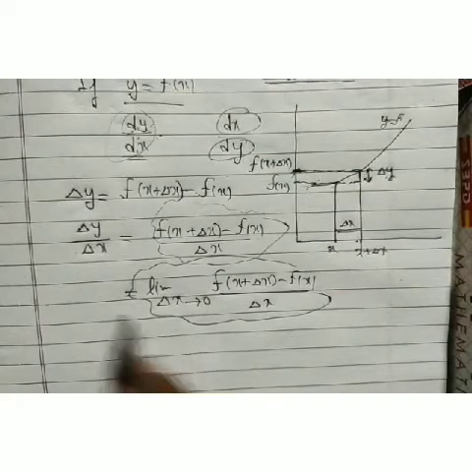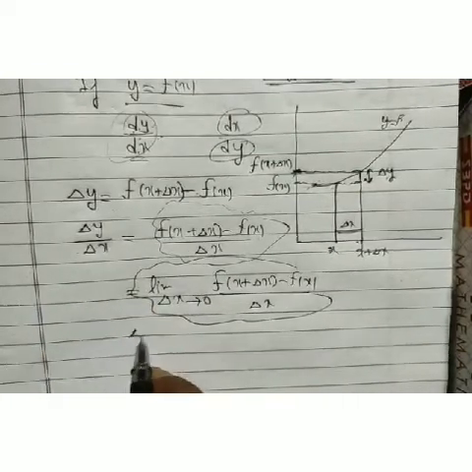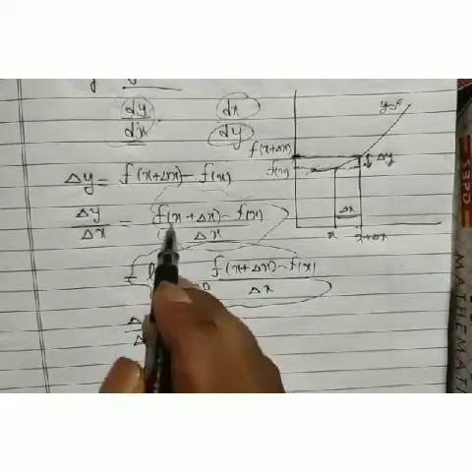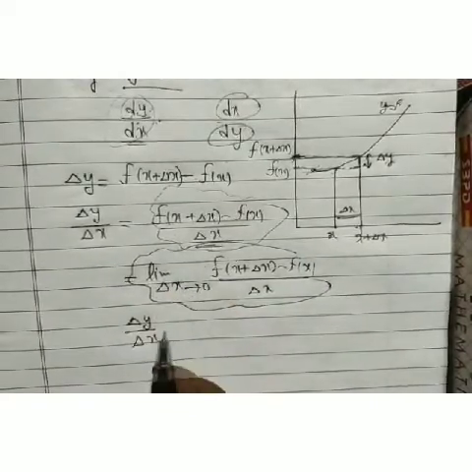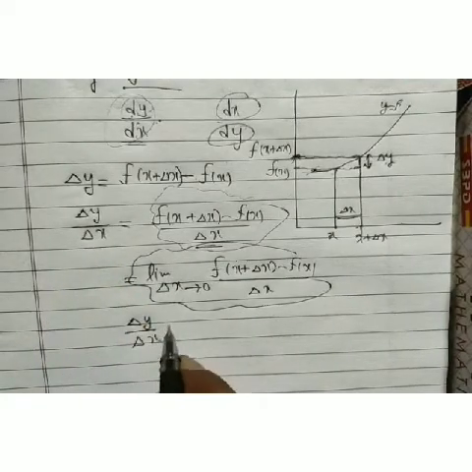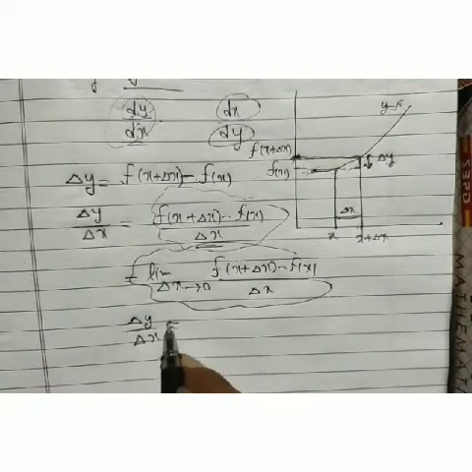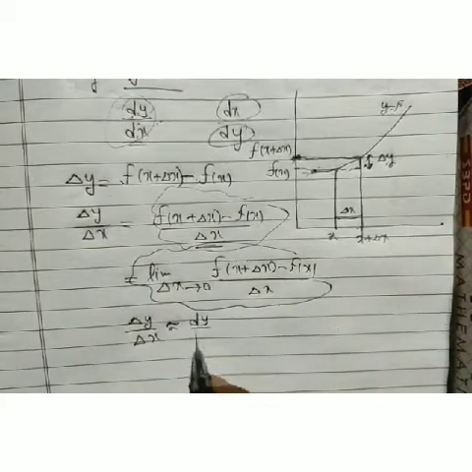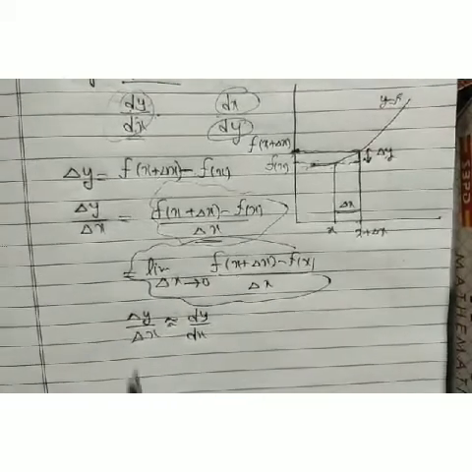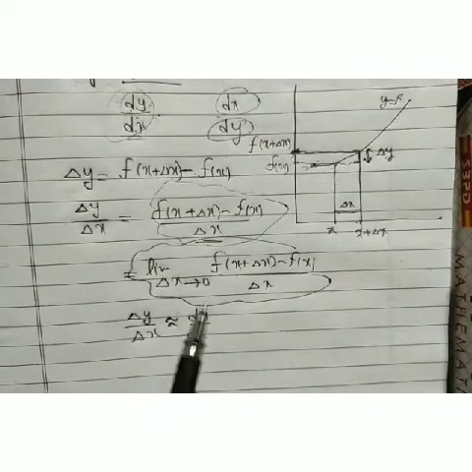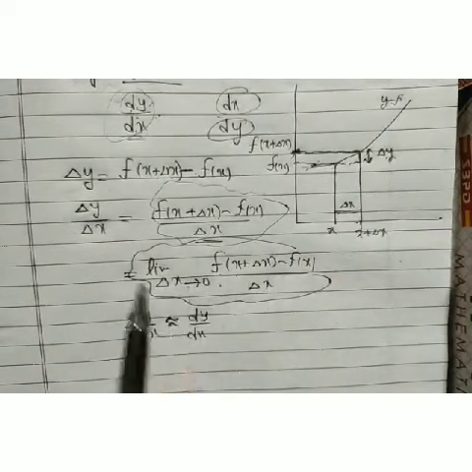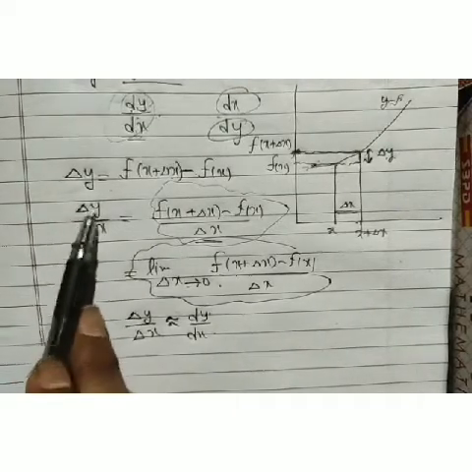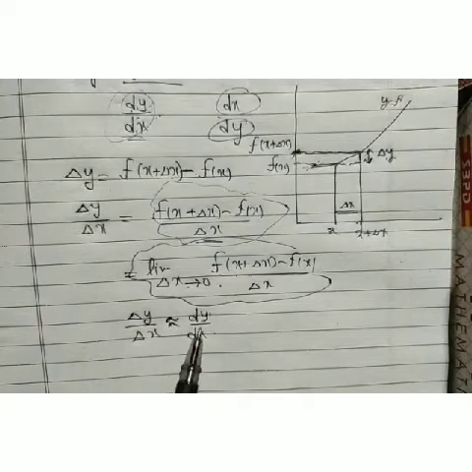Our delta y by delta x is approximately equal to the slope of the tangent, dy/dx. When delta x tends to 0, this represents dy/dx. Means the quotient delta y/delta x is approximately dy/dx.